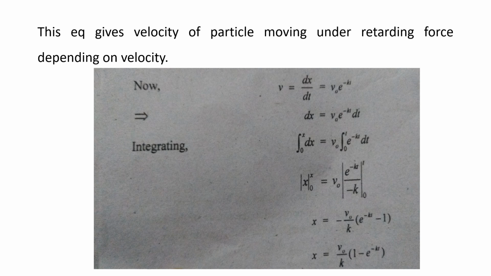Applying that limit, we get x is equal to minus v naught over k into exponential minus kt minus 1, as exponential of 0 is equal to 1. Multiplying the minus sign inside, we get x is equal to v naught over k into 1 minus exponential minus kt.